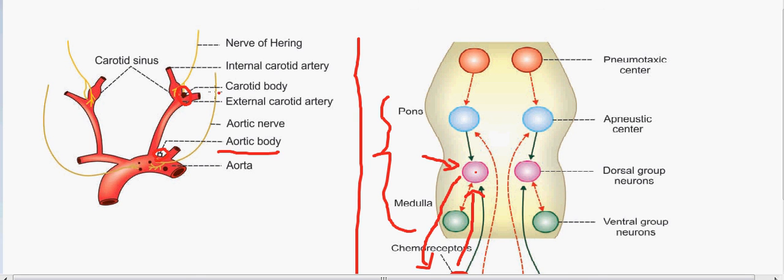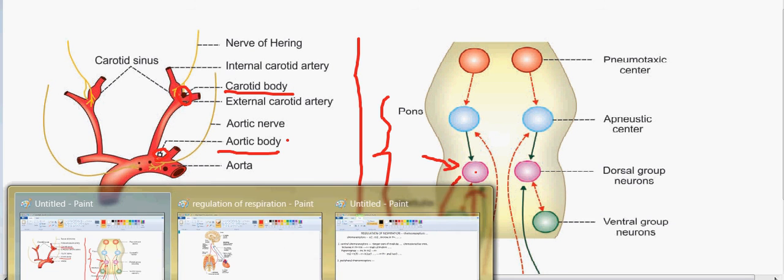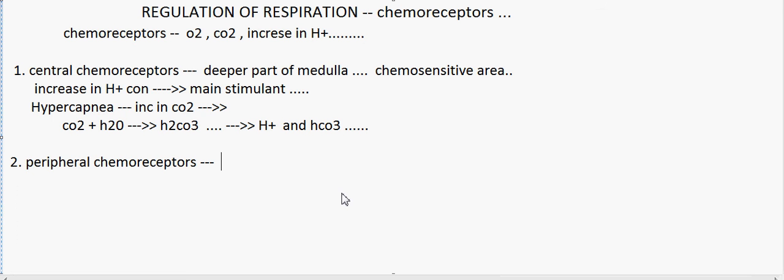Just exactly in that position we have the carotid body. So these two are the primary peripheral chemoreceptors. We'll note it down that they are present in the carotid and the aortic body.